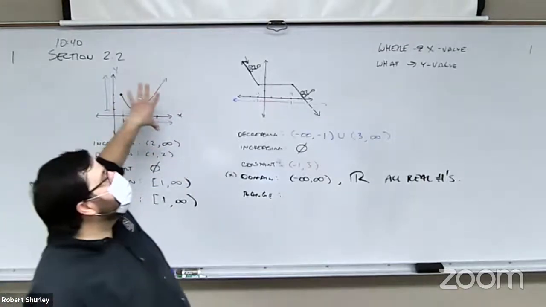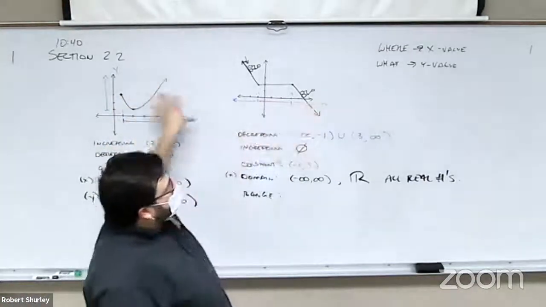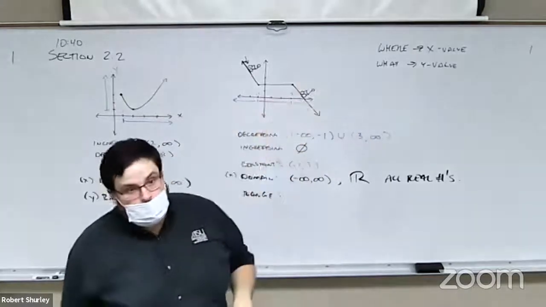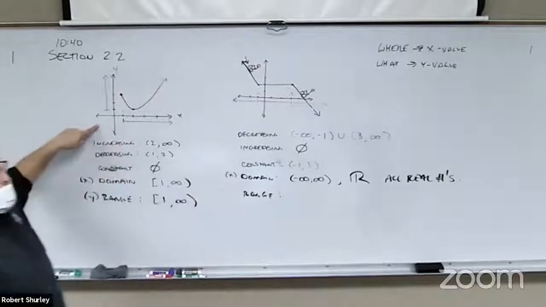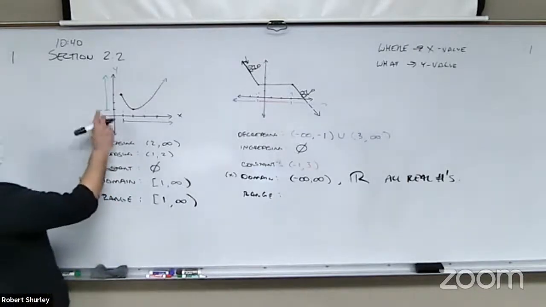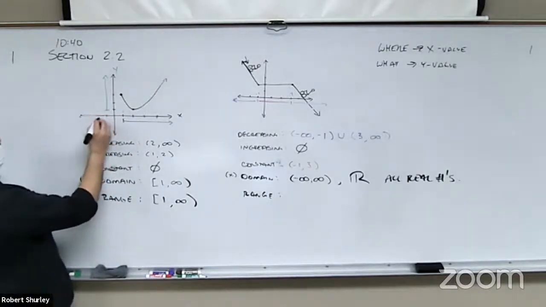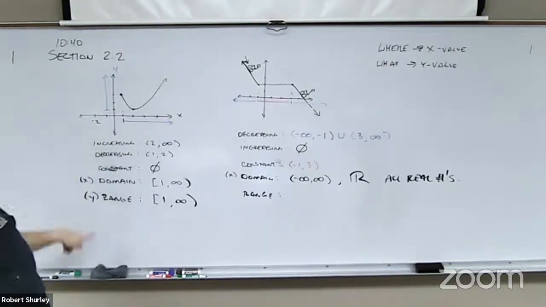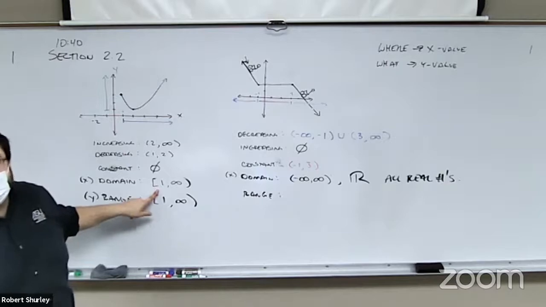We could plug in any x value on this line, and we'll get back a y value, okay? Over here, that's not true, right? If I chose like x equals -2, there's no y value to accompany it, right? That's why it's not in the domain, okay?